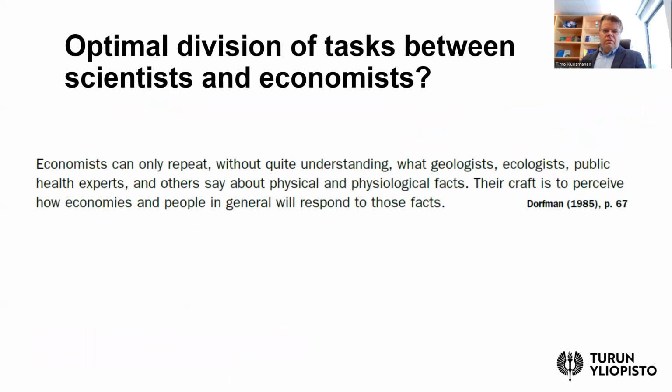So very often, of course, we have this kind of argument that economists should not really dabble with setting the targets, but it's better to leave it to the natural scientists, ecologists, geologists, public health experts, and others.